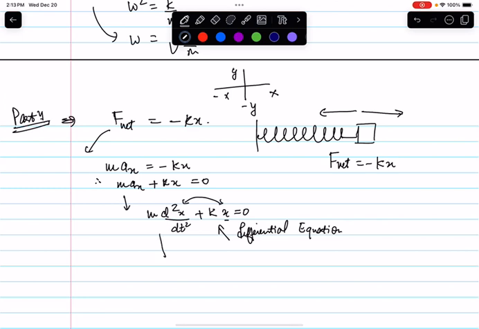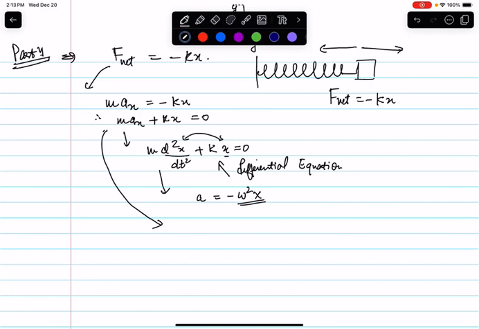Okay? Now, you don't need to know how to solve these equations. Basically, you just need to know the result that comes out of it, and that is that the acceleration is negative omega squared x. Okay? Now, we also saw over here that because the mass times acceleration plus kx is 0, then this states that the acceleration in the x direction is negative kx divided by m, which is negative k by m times x.